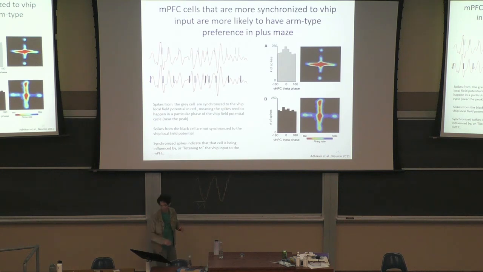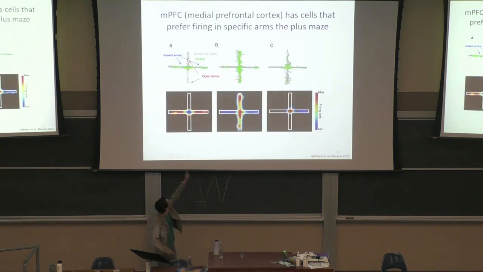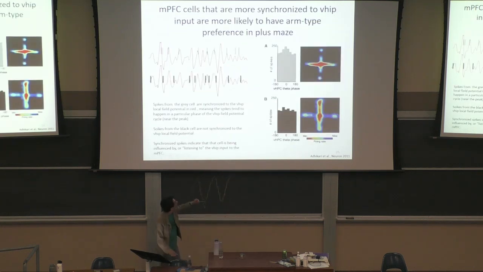So you see that the cells in the prefrontal cortex that were more like this, cells that differentiated well between regions in the plus maze, those cells tended to show more synchrony with the ventral hippocampal oscillation. So this upper gray cell was good at separating closed from open arms, and its spikes were very locked to the hippocampal oscillation.